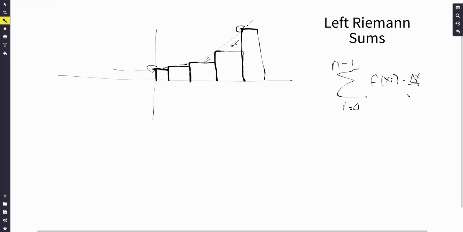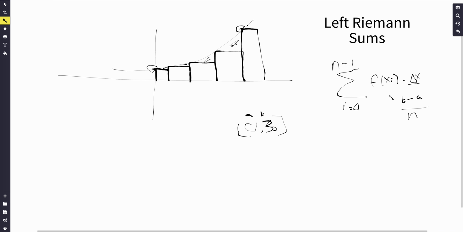Delta x we know is the same as b minus a over n, and the b minus a are basically the intervals. So this x value, let's make it 0, and this one, let's make it 3. So 0 to 3 would be the intervals, this would be the a value, and this would be the b value. Then you just plug that in.